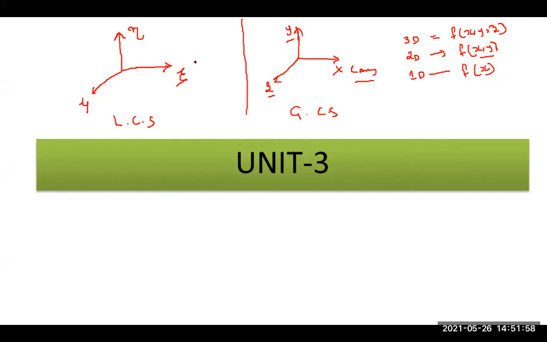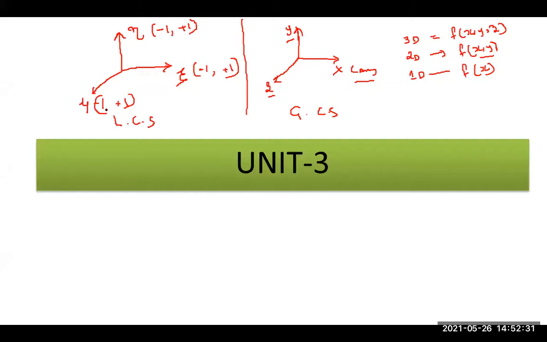But in the local coordinate system, there is a restriction to express the length of an element in the zeta, eta, and theta directions. In the zeta direction, the element can be expressed for a length of -1 to +1 only. Similarly, in the eta direction it is -1 to +1 only, and in the theta direction also -1 to +1 only.